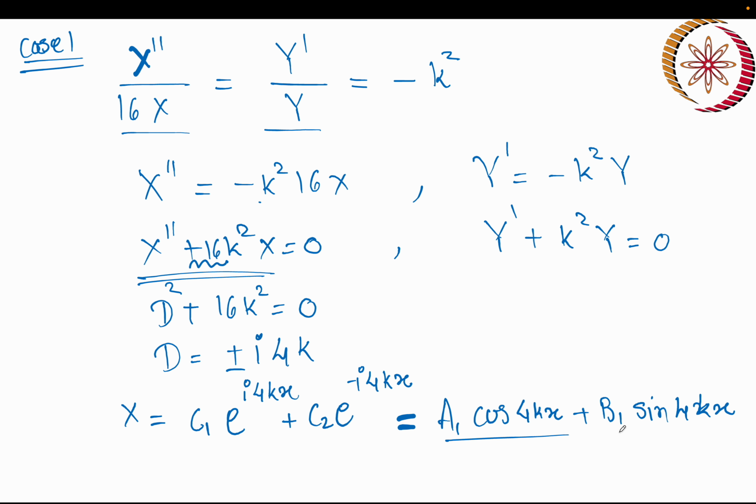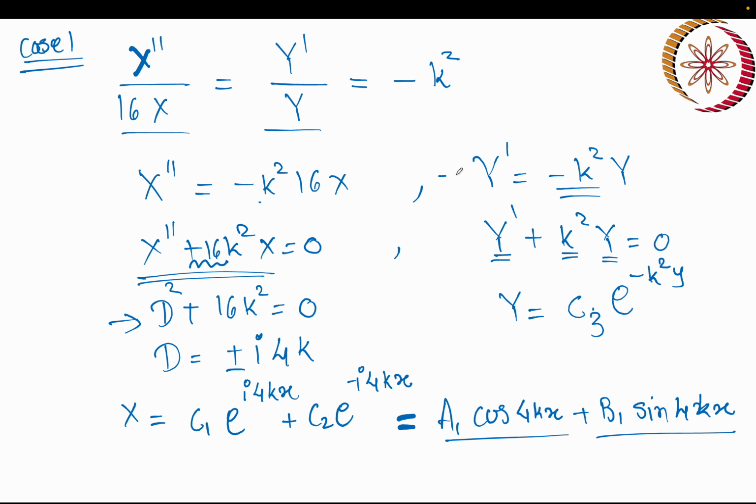You can see this is kind of sinusoidal, and the next thing is, if we solve this, you can see that this equation has just one root, which is k, or you can say minus k. So this one will be y is equal to, let's say, c1 c2 we have used, so c3 e raised to minus k square y.